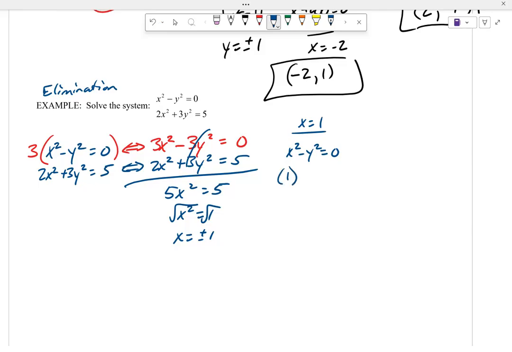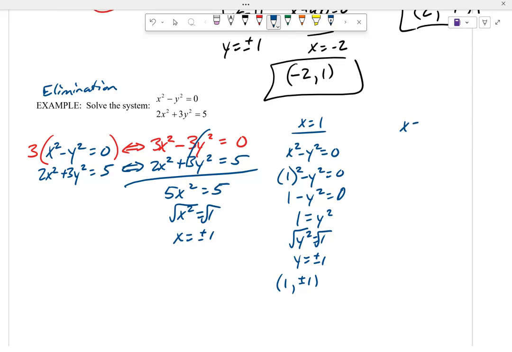I got 1 minus y squared equals 1. I could add y squared, equals 0. So y ends up being plus or minus 1. When x is 1, y is plus or minus 1. So I got 1, 1, and I have 1, negative 1.